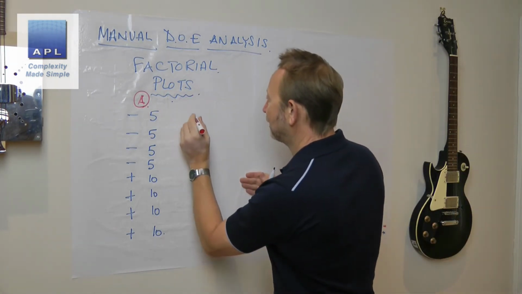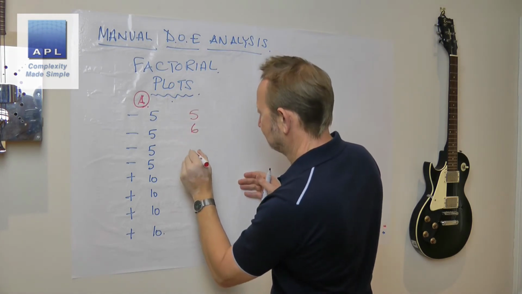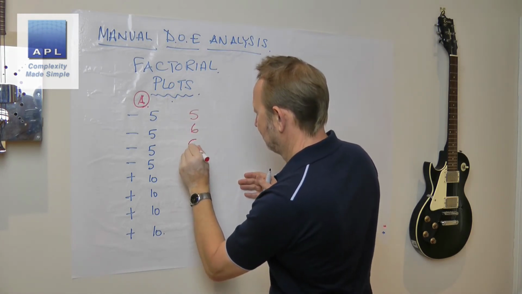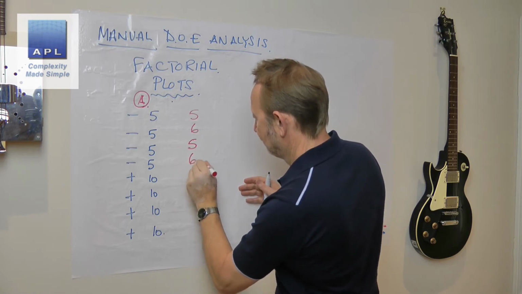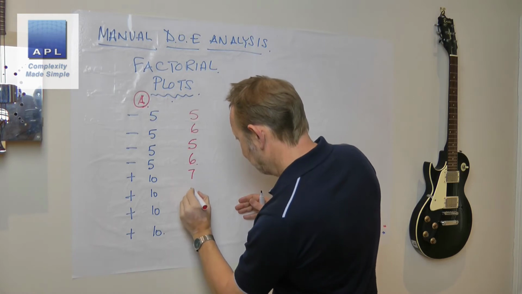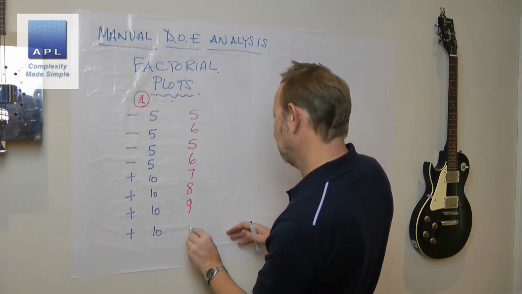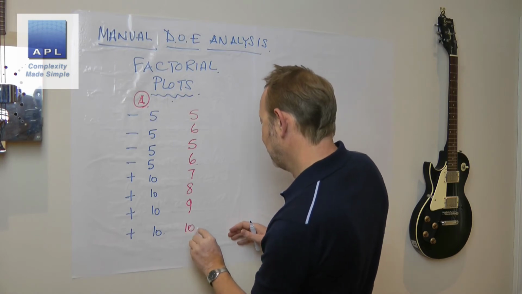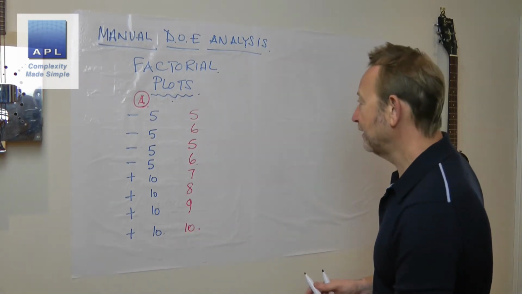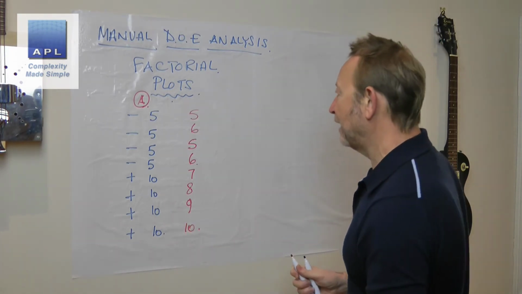So let's say we get 5, 6, 5, 6 for these results, and then we get 7, 8, 9, 10 for those results. So that's the result set that we've got.